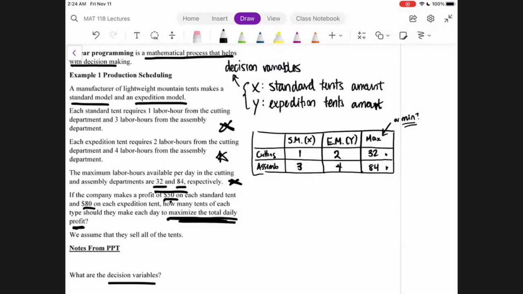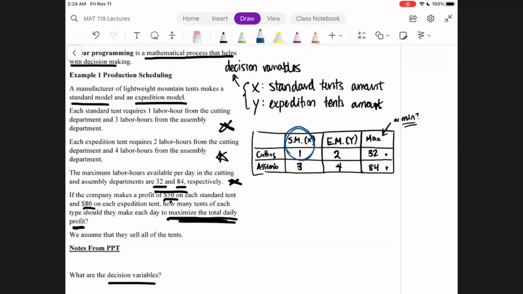So instead of trying to think of every possible combination that would work, okay, we're going to write these in terms of inequalities, okay? So you want to think how to figure out like the total cutting, right? So the total cutting would be how many, I'm going to change the color here.